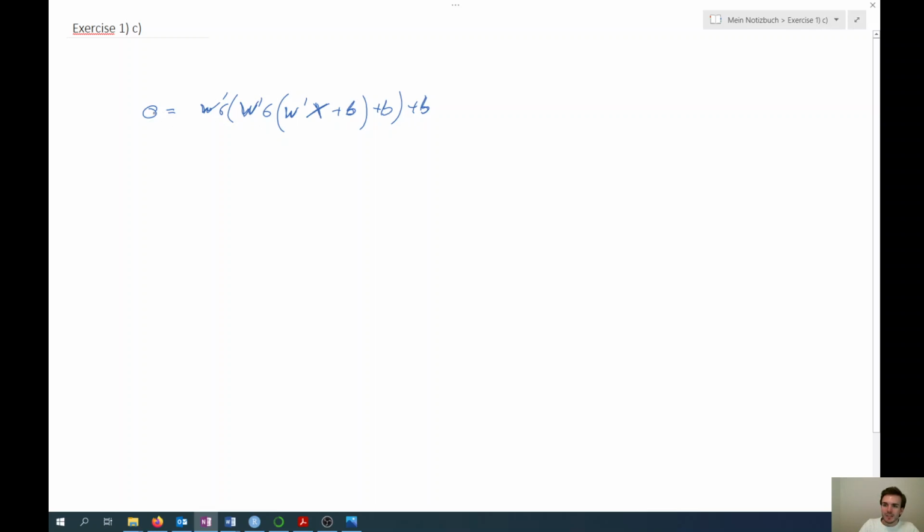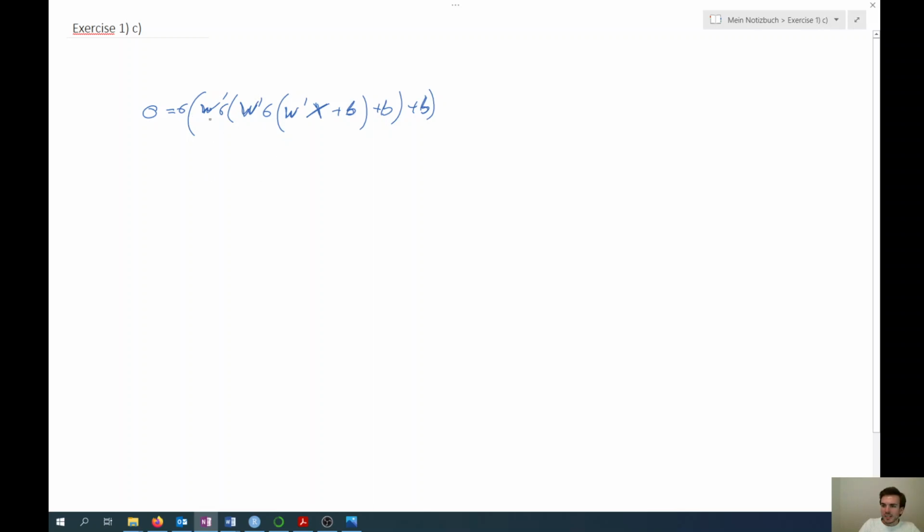Now if this is a classification, then we would need to apply another activation function here. If it wasn't a classification but a regression, we could just leave it without the last activation function, then it wouldn't need an activation function.